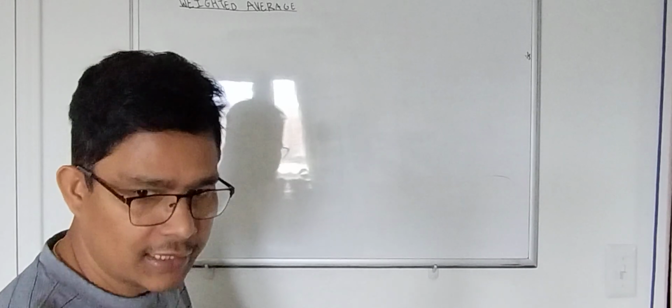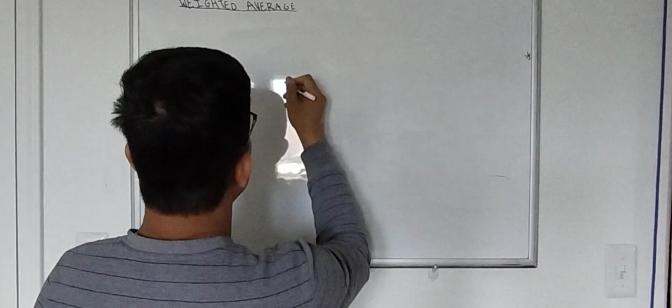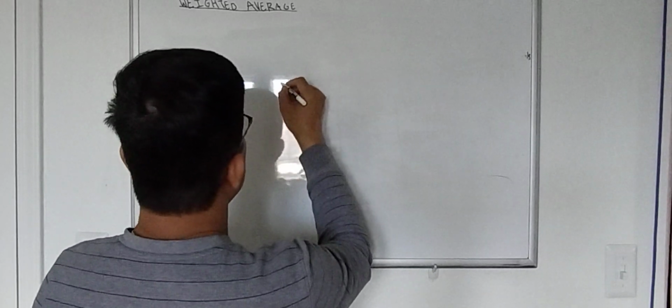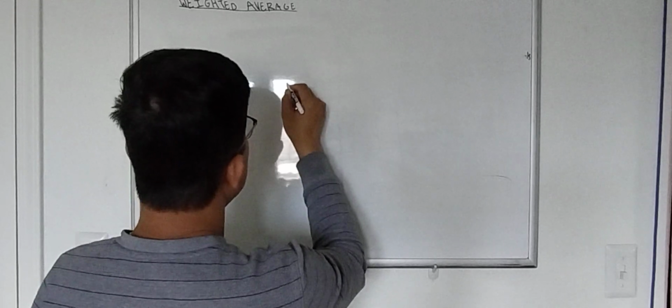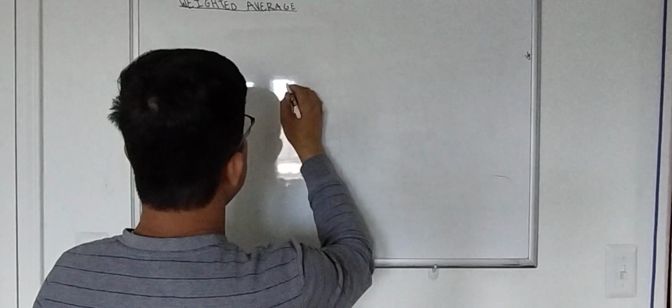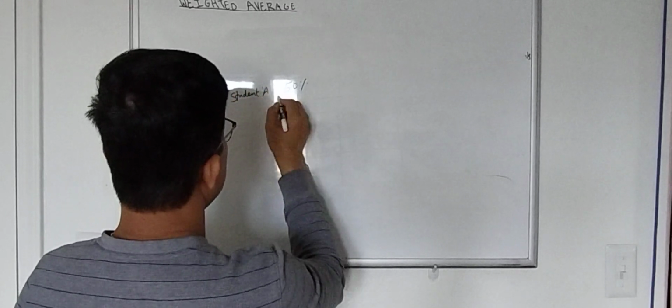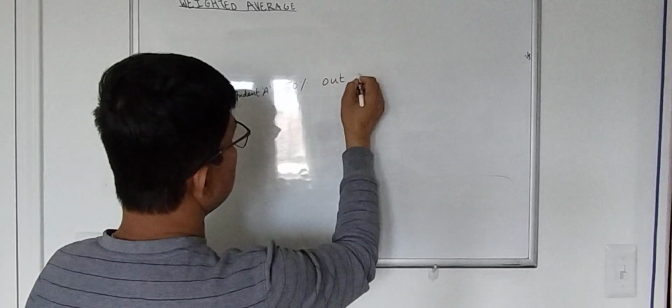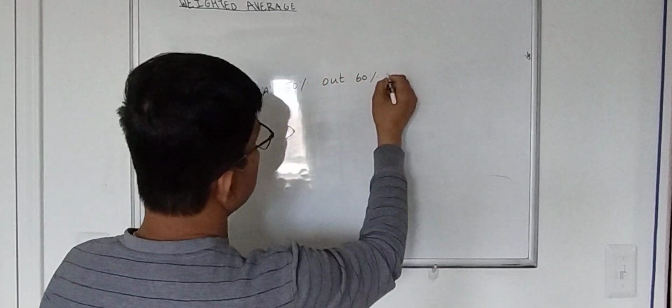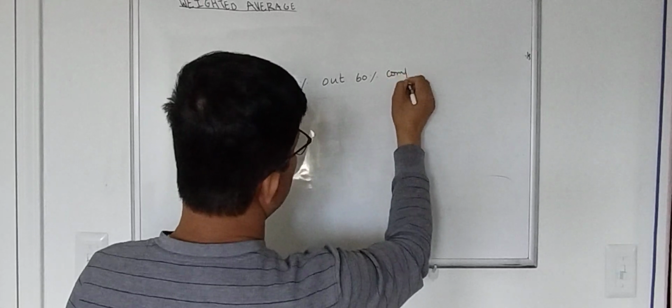First, let's talk about that. So what happened? A student scored how much? 50% out of the 60% completed task. Okay.